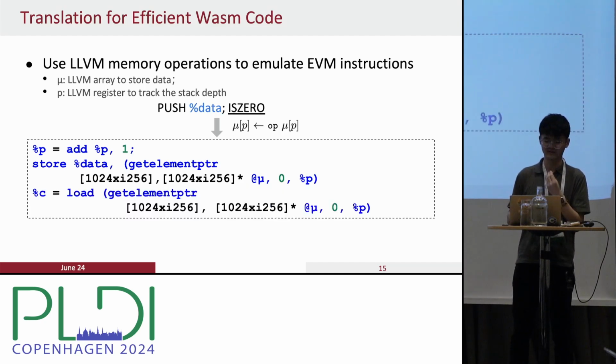And for the ECL, you need to check the data on the current stack top, so we need to pop one data from the mule, which is the third line.